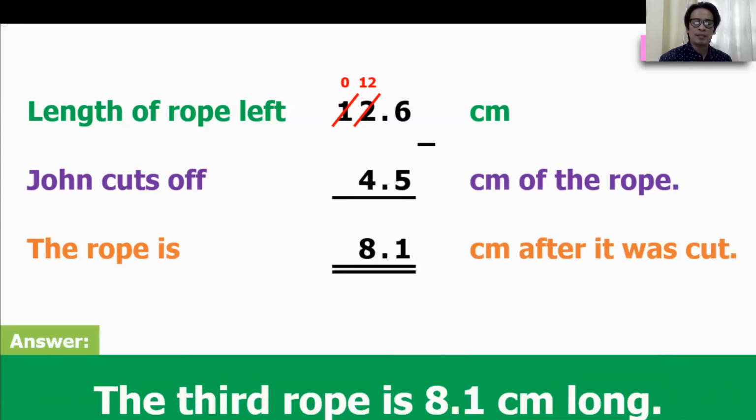And the final answer, please read. The third rope is 8.1 centimeters long. Very good. Now look, do not forget this full stop here, okay?